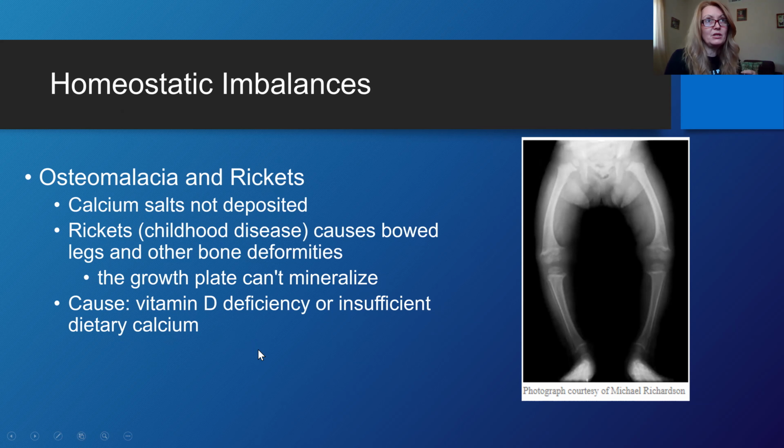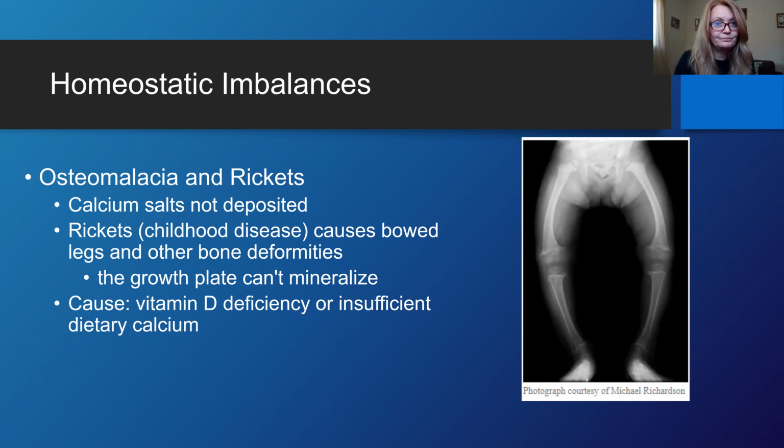So either the patient does not have a good amount of calcium, or they don't have enough vitamin D that is required for this calcium absorption from your digestive system to your bloodstream. So you eat food rich in calcium, but calcium is just not absorbed into your blood and it's not deposited to your bone matrix.